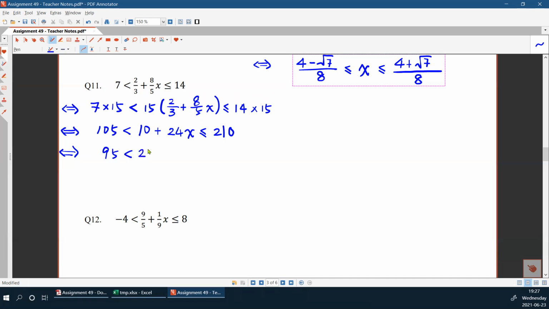Okay, and then we can subtract 10 from all sides. 95 less than 24x less than or equal to 200. Next, we can divide both sides by 24. 24 is positive, so we don't change the direction of the inequality symbol, right? So 95 over 24, smaller than x, smaller than or equal to 200 over 24, which can be simplified to 25 over 3.